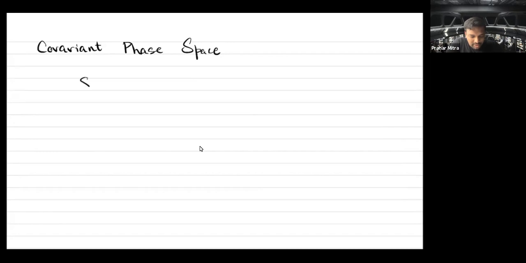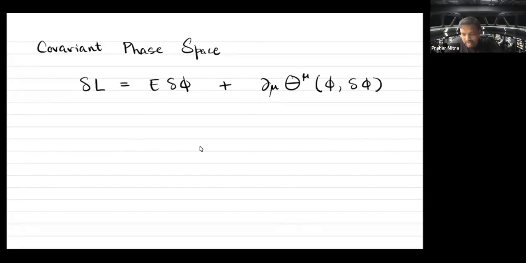Here's what you do. You take the variation of the action, of the Lagrangian, and you get 2 terms, of course. You get a bulk term, which is the equation of motion, and then you get a boundary term, which of course depends on the variation. So here this depends on the field phi and the variation, delta phi. Then the symplectic form on any Cauchy slice sigma is simply defined as follows.